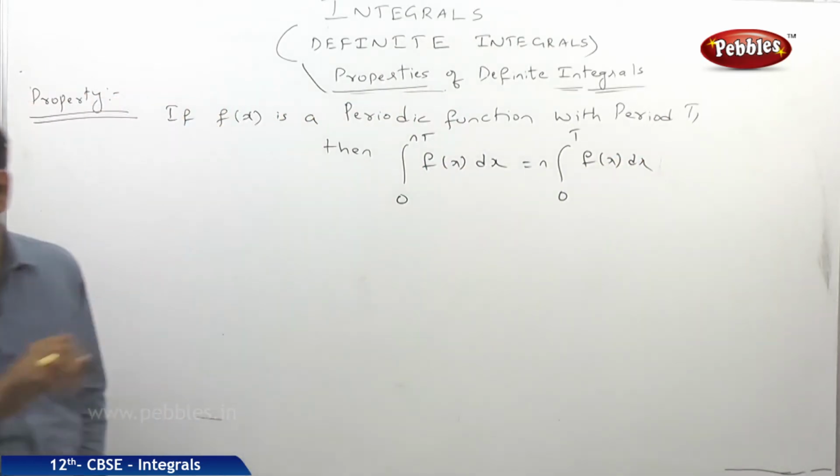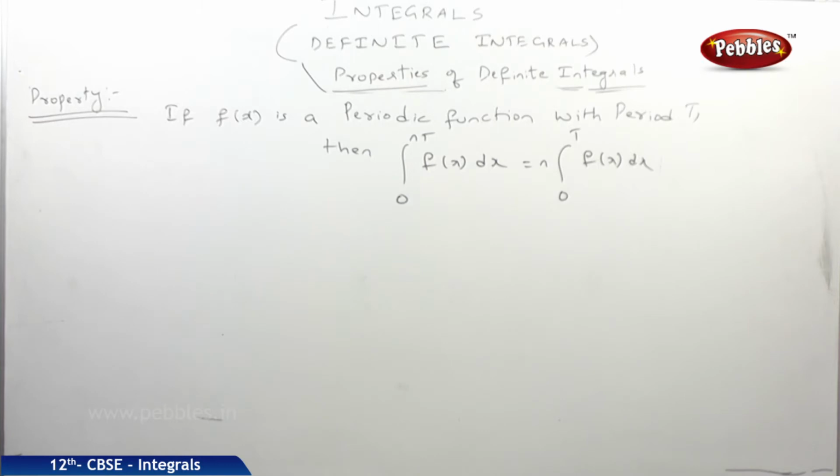It's a very, very important property. If f of x is a periodic function with a period t, then integral of 0 to nt f of x dx is equal to n into integral of 0 to t f of x dx.